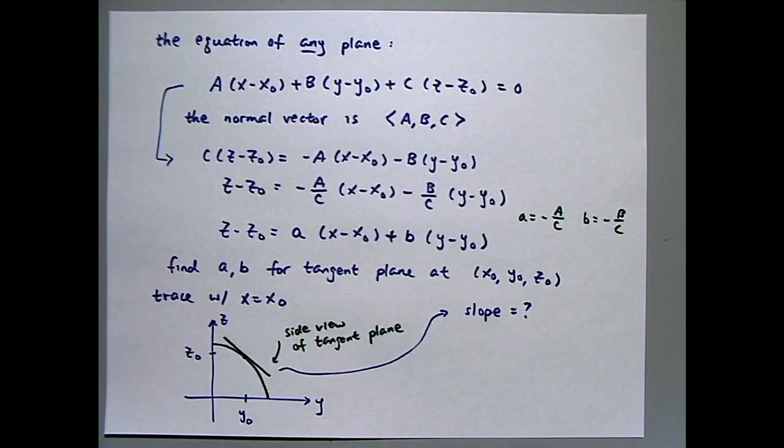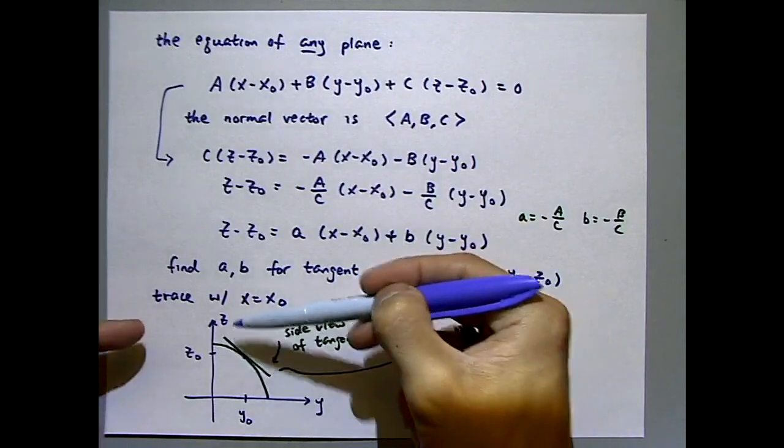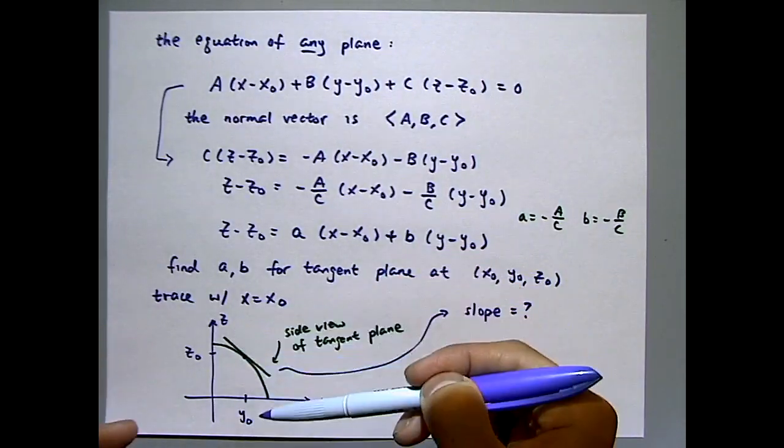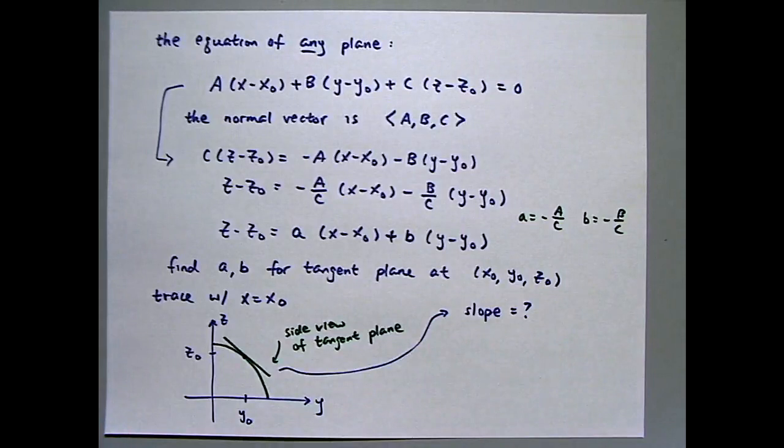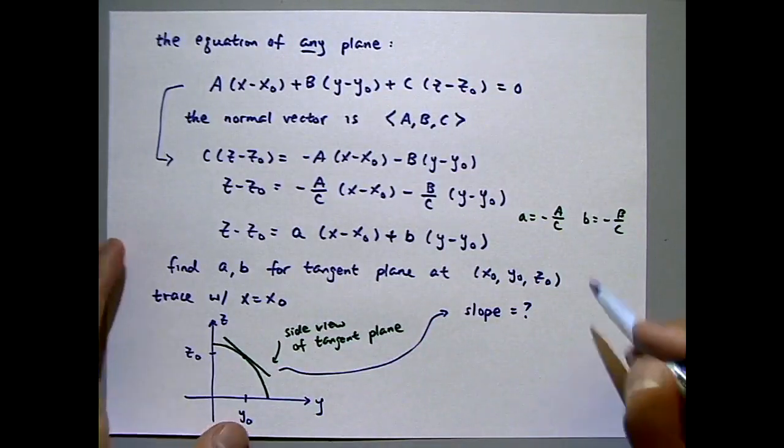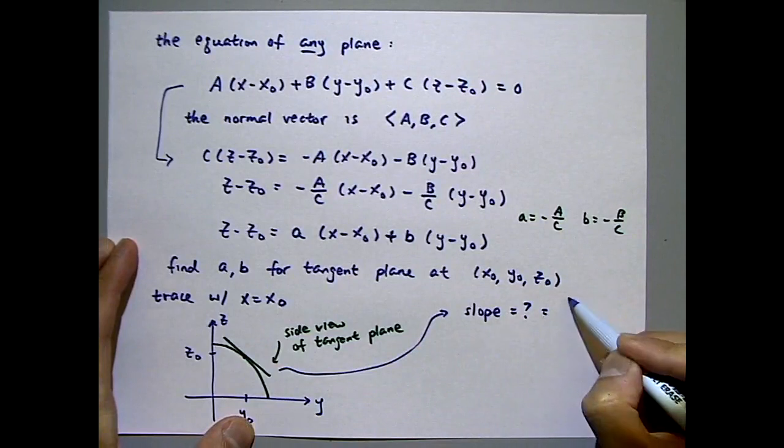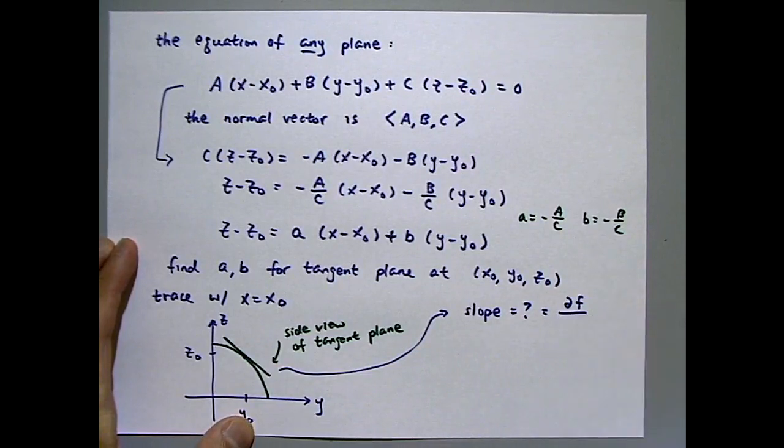What did we do last time? Partial derivatives. And partial derivatives always give a slope. So in terms of partial derivative, what is the slope of that solid green line? What is changing here? I'm holding x constant and y is changing. So we're looking at how z is changing with respect to y. So what would that be? Partial derivative, good, partial derivative of f with respect to y, right?